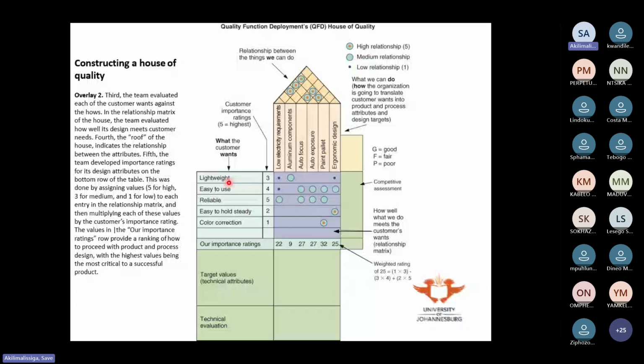Obviously here it has already been established, so we're going to just read what is here. Lightweight and low electricity requirement have a low relationship. These symbols here again represent a low relationship between lightweight and low electricity requirement.